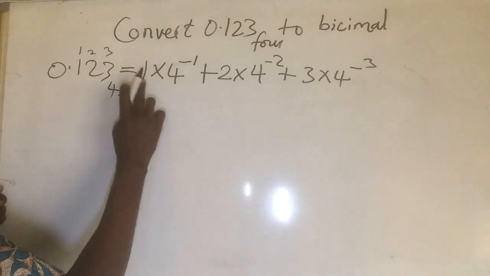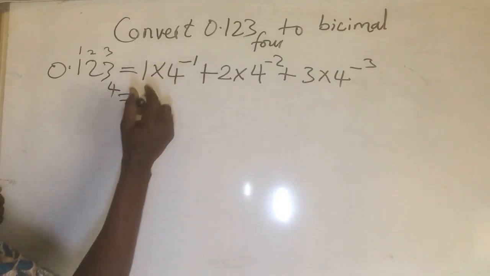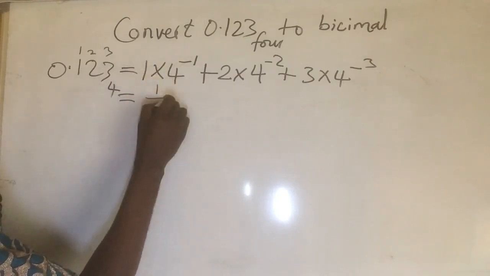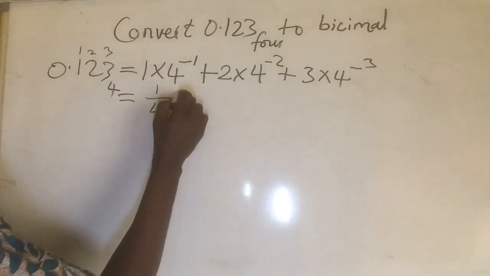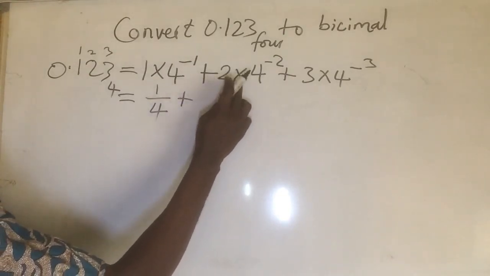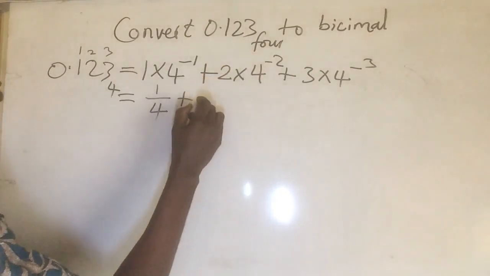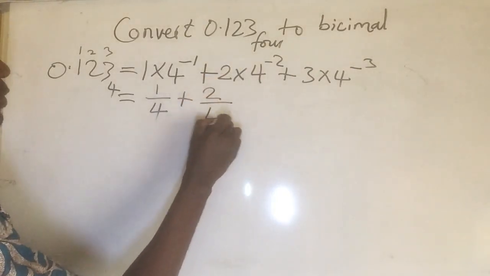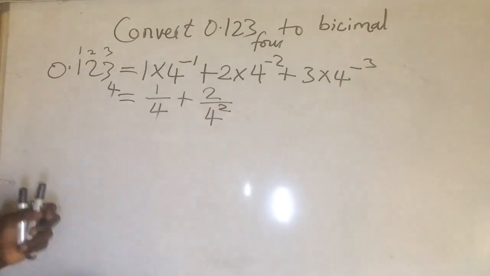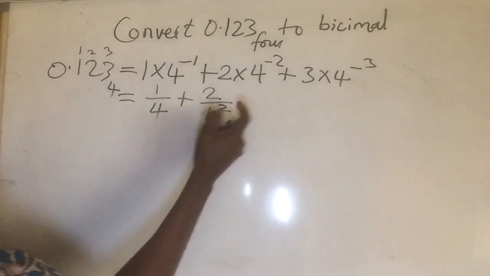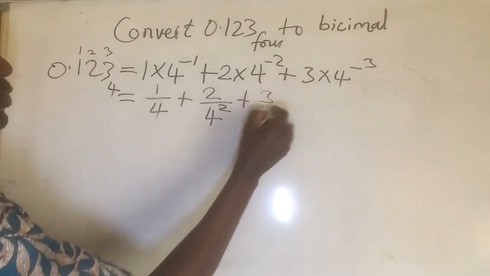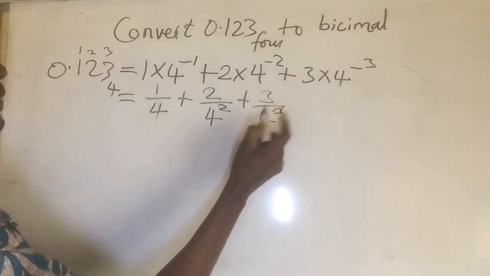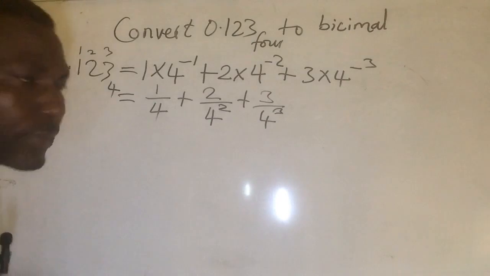So 1 times 4 raised to the power minus 1 means 1 over 4, plus 2 times 4 raised to the power minus 2 means 2 over 4 squared, plus 3 over 4 cubed.